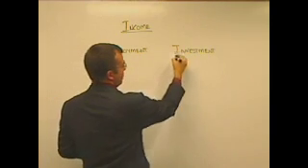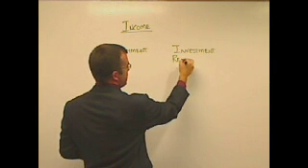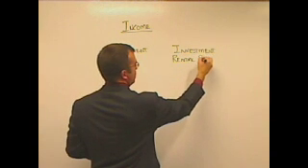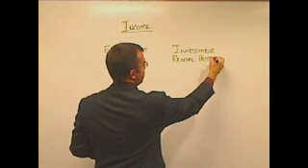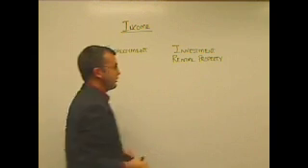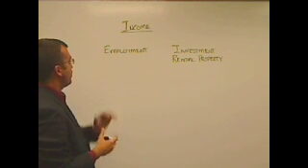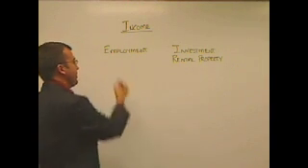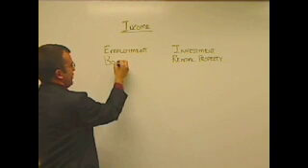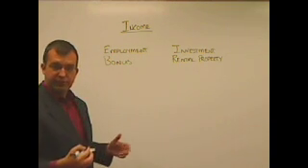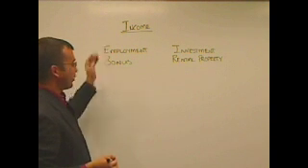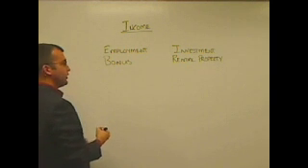I would include in investment income things like income from a rental property. Very similar to investment income. We might also have a bonus paid as a result of employment. You might not work directly for a salary.